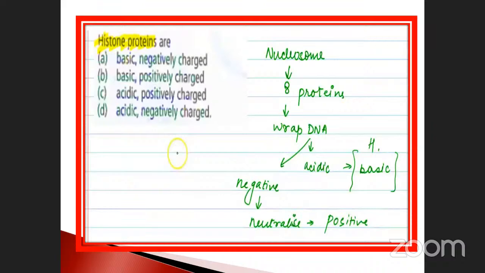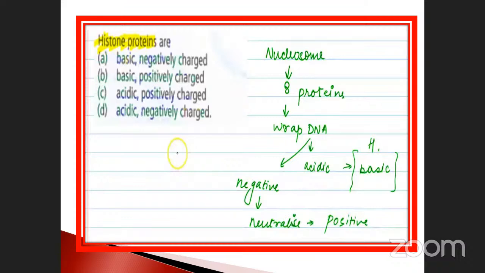So this is the question. See that one. Histone proteins are what? Basic, negatively charged; basic, positively charged; acidic and positively charged; or acidic, negatively charged. See here, nucleosome is there. Here 8 proteins, that is called histone protein, wrap DNA. DNA is acidic in nature and also negative.